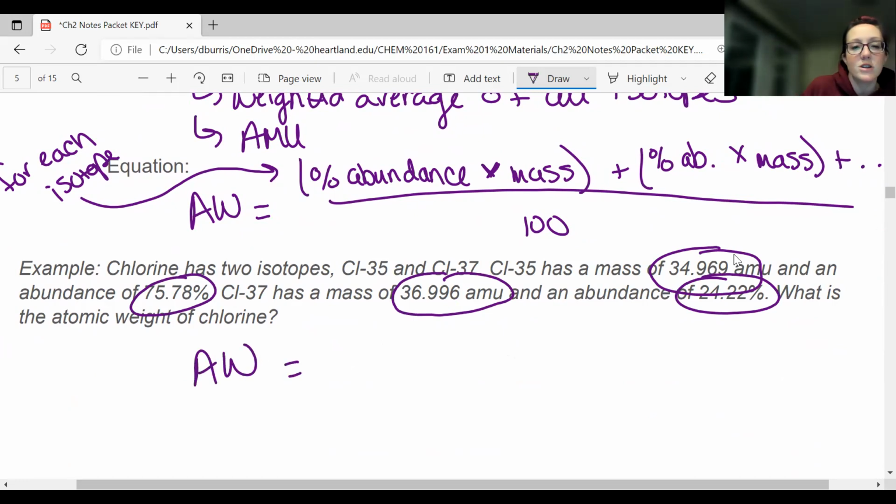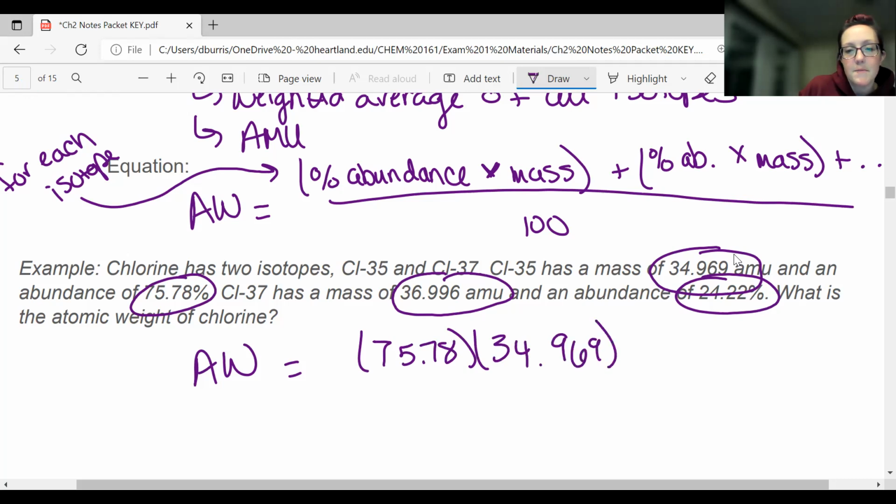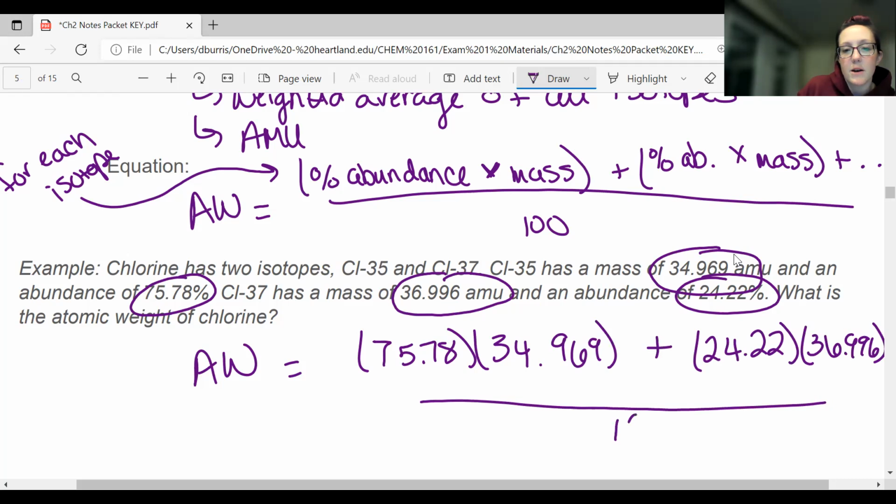So I'm going to use my equation. Essentially, it's the first percent, 75.78, times the first mass, 34.969, plus the second percentage times the second mass, all divided by 100.